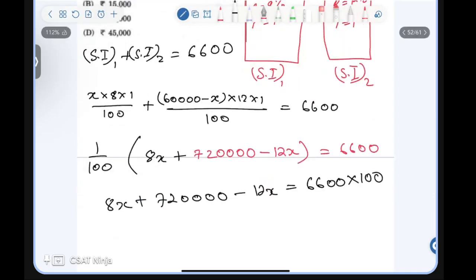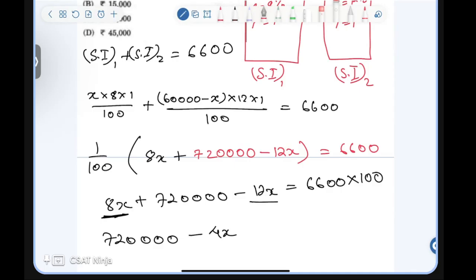Now if we simplify this, 8x minus 12x will be how much? Minus 4x, because 8 here, 12 here, both have different signs. 12 minus 8 is 4, but the greater number here is 12, and it is carrying a minus sign. That's the reason I'm giving the minus sign to the 4, which is equal to 6,60,000.